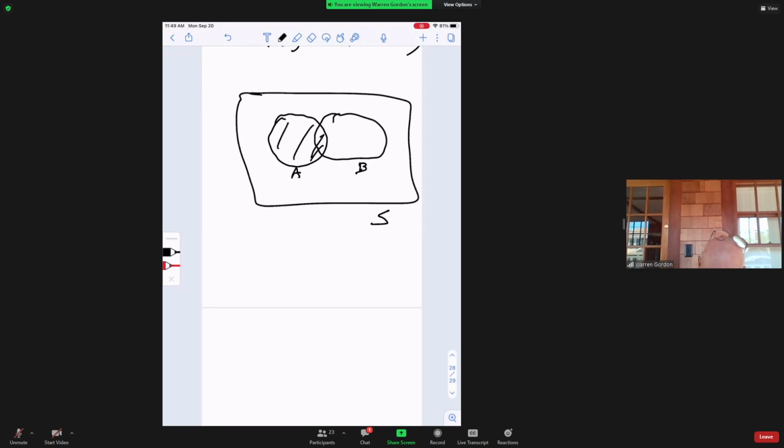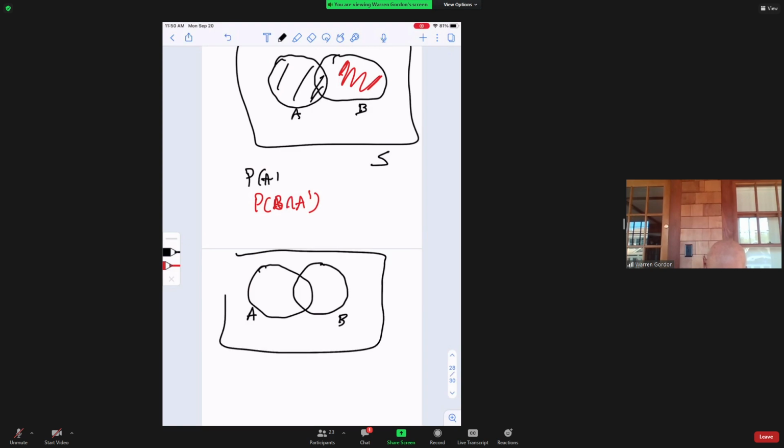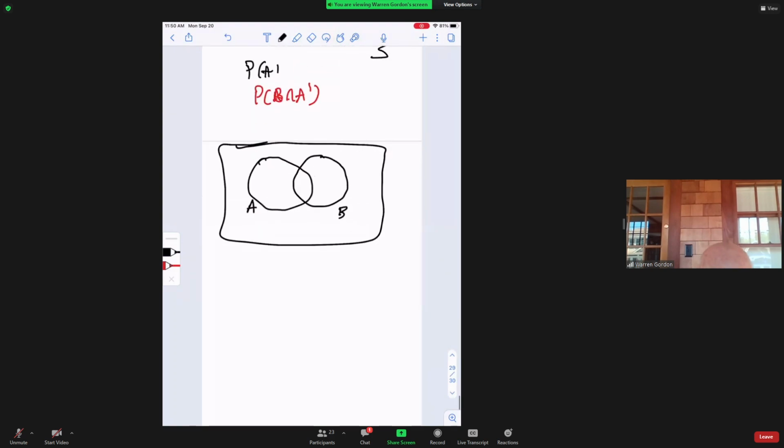This would represent the probability of A, and this region right here would represent the probability of B intersection A complement. That is, I can represent the area in the Venn diagram as the probability. So let's look at this a little bit more closely, and let's observe, I want to do it the way I did it in the book, so I do it a couple of different ways.